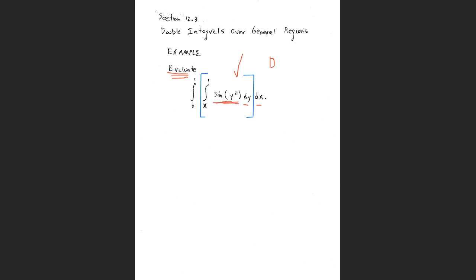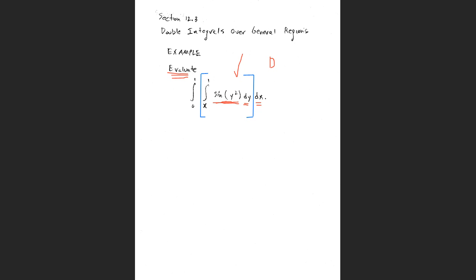If we're doing dy first and dx second, integrating with respect to y first and x second, are we treating this region as a type 1 region or a type 2 region? When you integrate with respect to y first, you're treating your region as a... Charles, you're almost right.